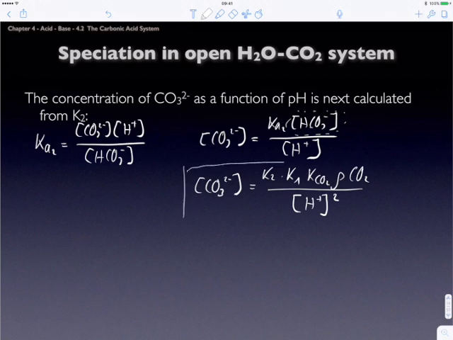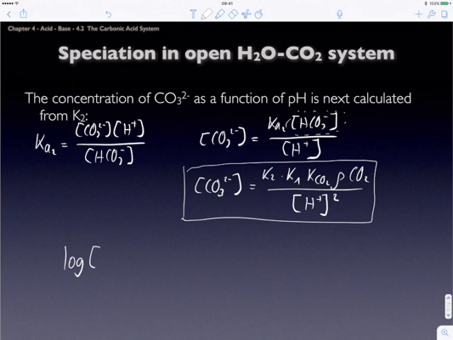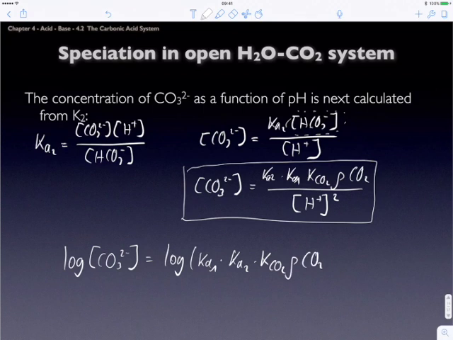And this is your representation of the concentration of carbonate as a function of the pH. If you take the log of it to express it as a pH, you will have something like that. CO3 2 minus equals the log of Ka1, sorry, we should put Ka here, times Ka2 times KCO2 times PCO2, okay, plus twice the pH.